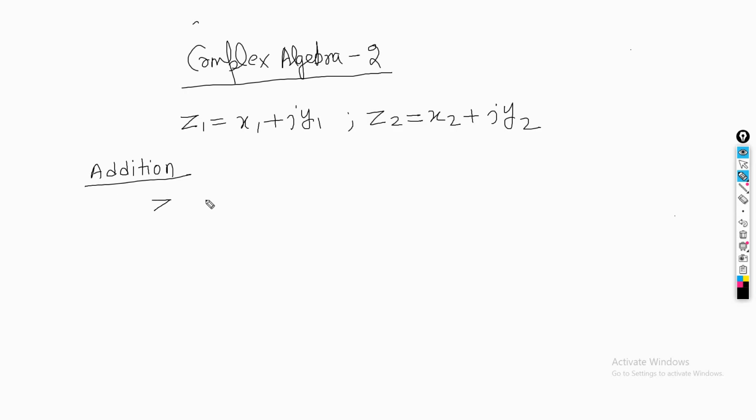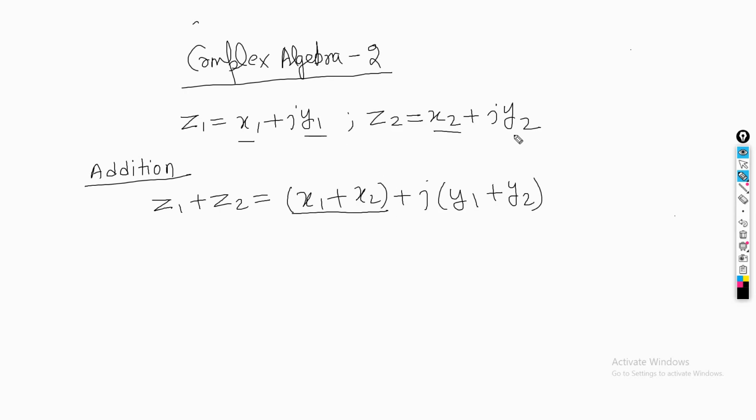So we can write z1 plus z2 equal to x1 plus x2 plus j y1 plus y2. So the real parts will be added together and imaginary part will add separately. So in this way we can add two complex numbers.